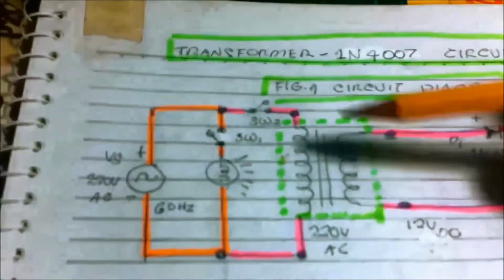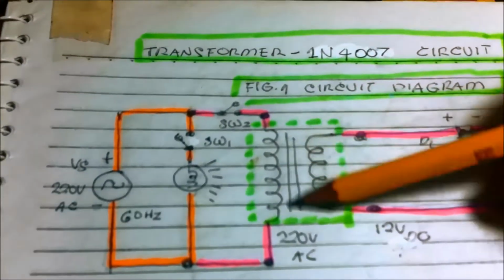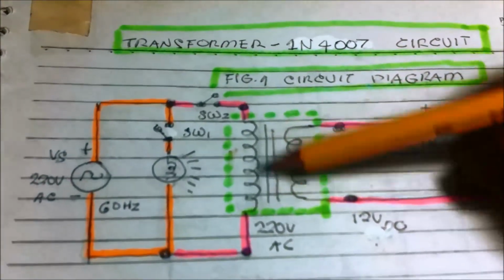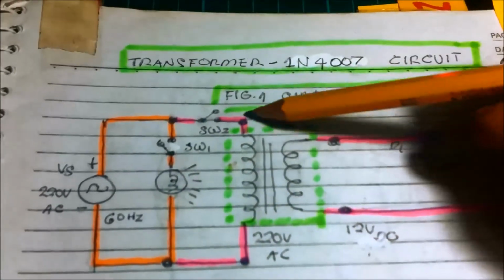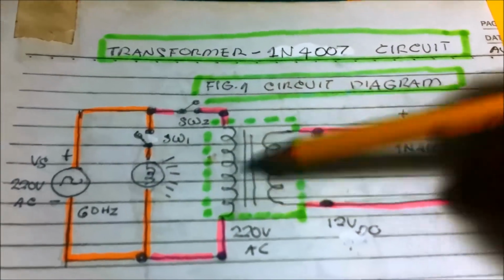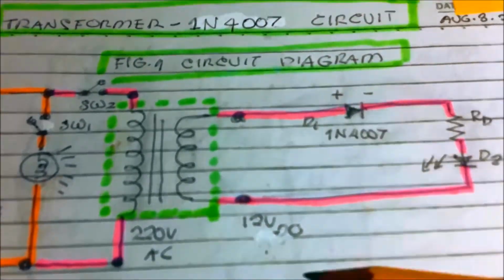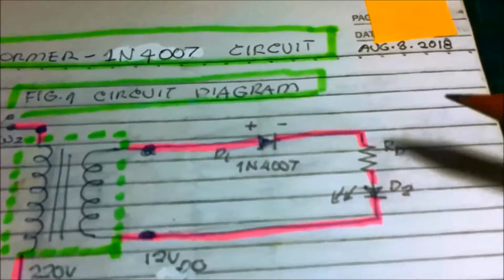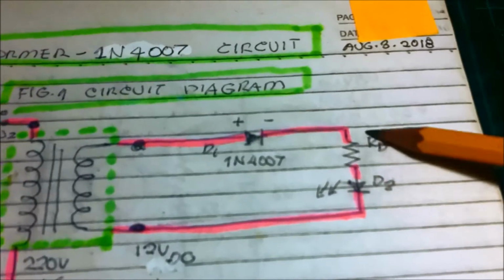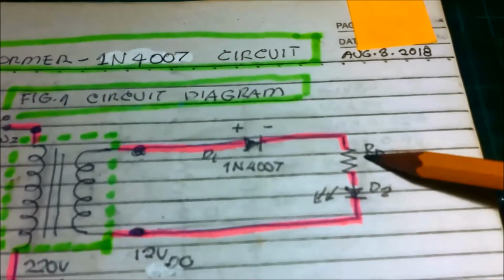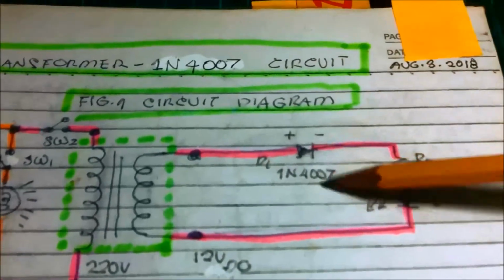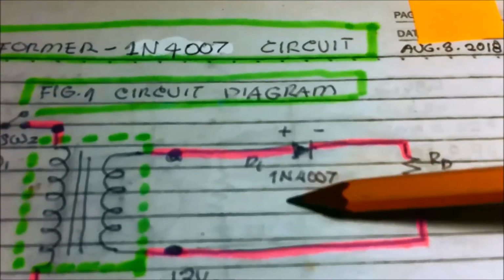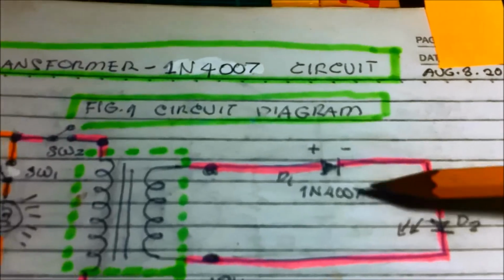So in this project, we also have a transformer, a step down. Instead of just connecting the LED and the resistor directly to the secondary, we add a diode, 1N4007.